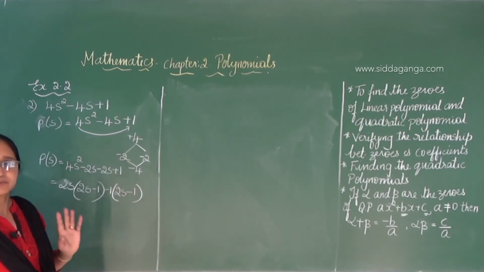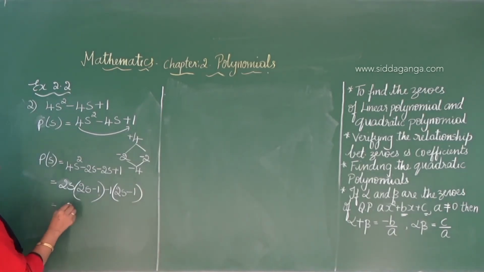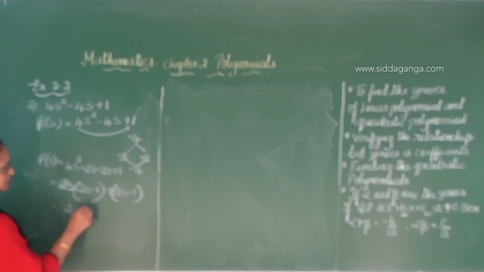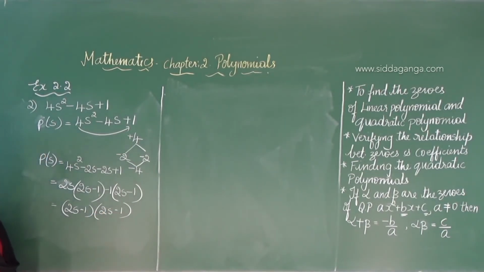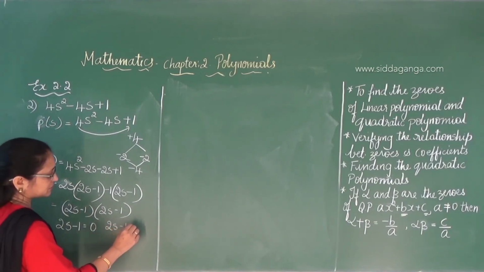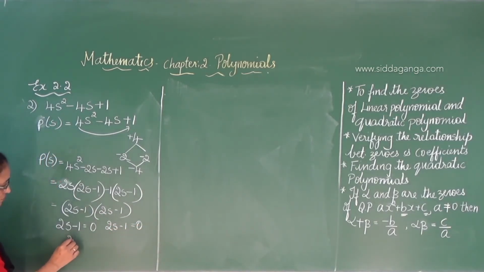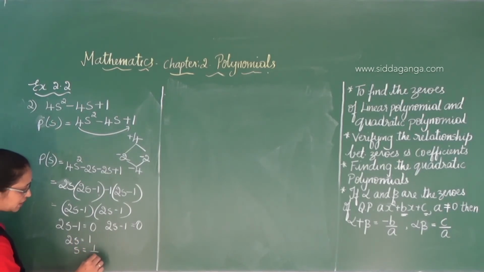Now, 2s minus 1, just observe here, minus 1 into 2s is minus 2s, minus into minus plus 1 into 1 is 1. Now, again common 2s minus 1 and 2s minus 1. To get 0, we have to do 2s minus 1 is equal to 0, so 2s is equal to 1, so s is equal to half.